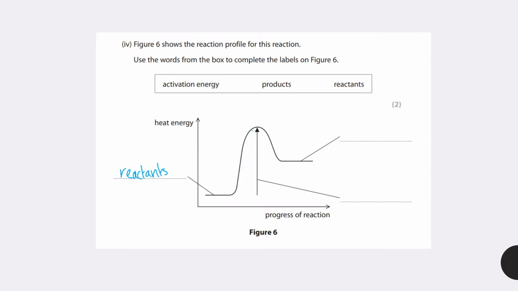This is the energy needed for the reaction, so it needs to take energy from the surroundings. So it's endothermic, which we talked about. That is activation energy. We've only got one more. This is the products.